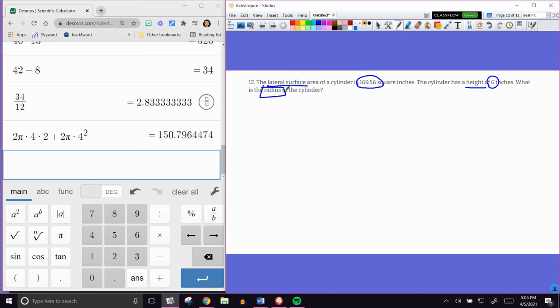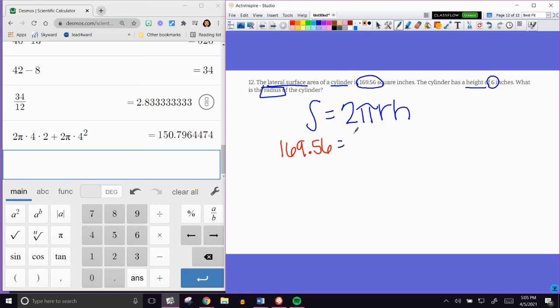So I have important information. I have my lateral and shape. That tells me I'm going to use S equals 2 pi RH. Now I'm going to fill in with what I have. It says the surface area is 169.56. So I'm plugging that in for S.